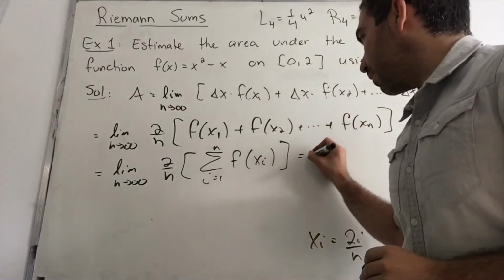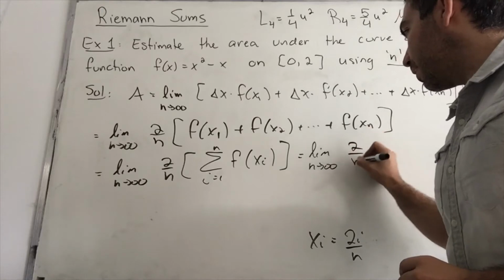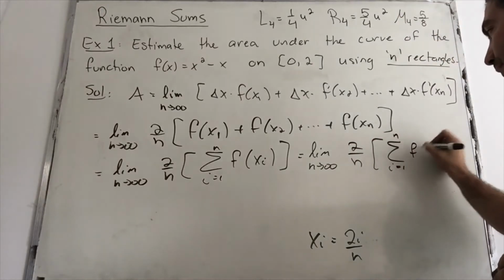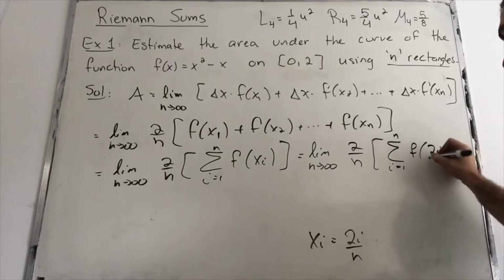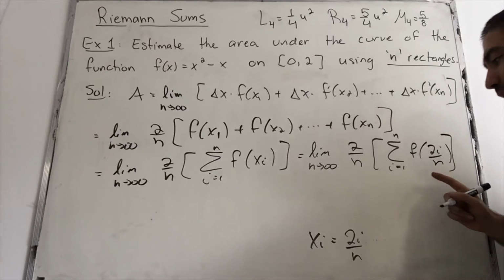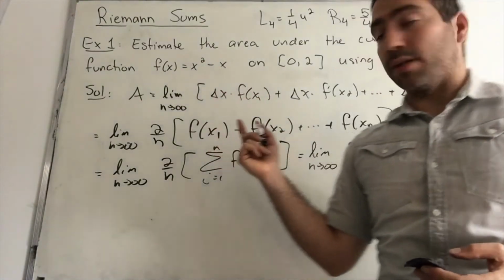That gives us the limit as n goes to infinity, 2 over n, the summation i equals 1 to n of f of 2i over n. Well, what's f of 2i over n? We know that f of x is equal to x squared minus x.